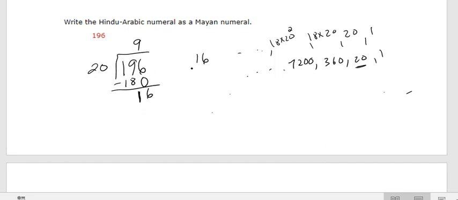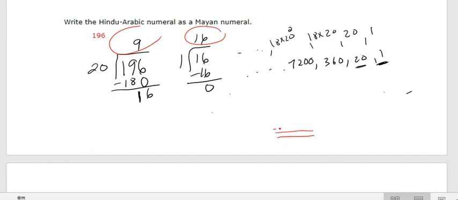So then we take our 16 divided by the next place value, which is 1, and we end up with 0. So we're going to represent our Mayan number using these numbers here. So first we represent 16. So that's 5, 10, 15, 16. And then 9 would be 5, 6, 7, 8, 9. Notice I left a little gap here. So this would be our answer.